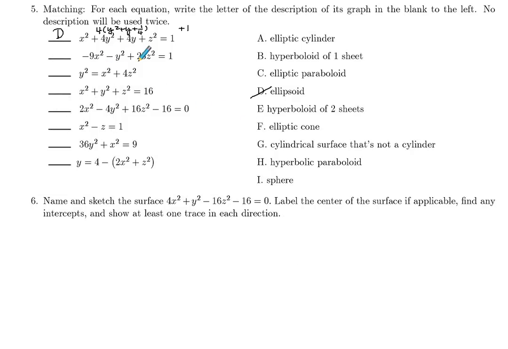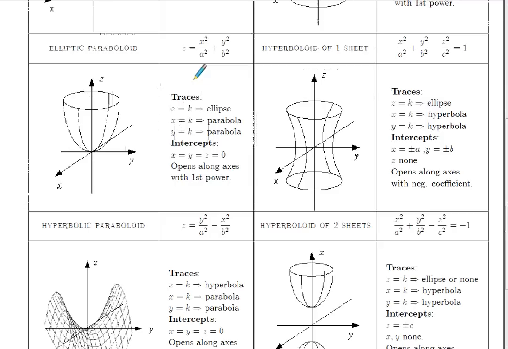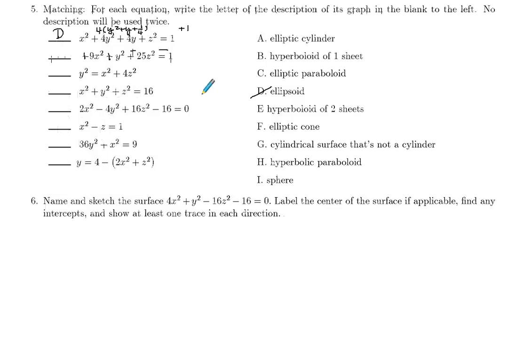Okay, so we need to multiply through by a negative 1 here. So positive, positive, negative, negative. Now in standard form we've got the negative 1 on the right-hand side. So if we bring these coefficients downstairs, we are going to have a hyperboloid of 2 sheets there. So this is going to be E. And none of these guys gets used twice.